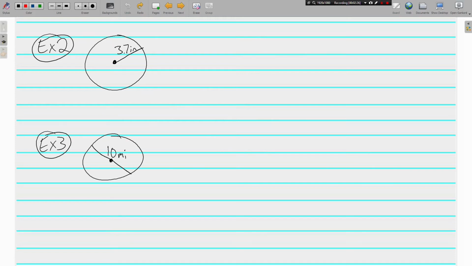Example 2. Starting with the formula, A is equal to pi r squared. For pi we use 3.14. And our radius is 3.7, which we're going to square.